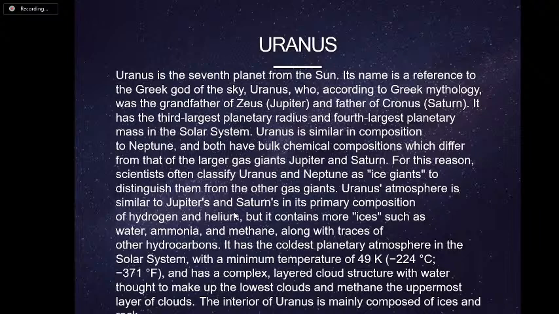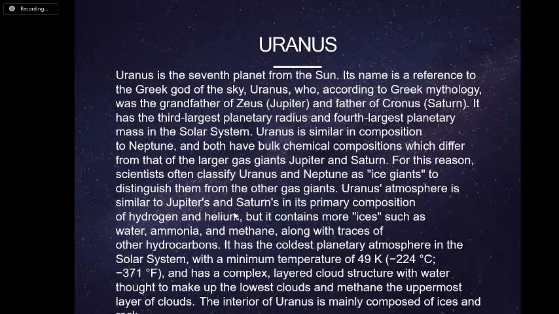It has a complex cloud structure, with water thought to make up the lowest clouds and methane the uppermost layer of clouds. The interior of Uranus is mainly composed of ices and rock.